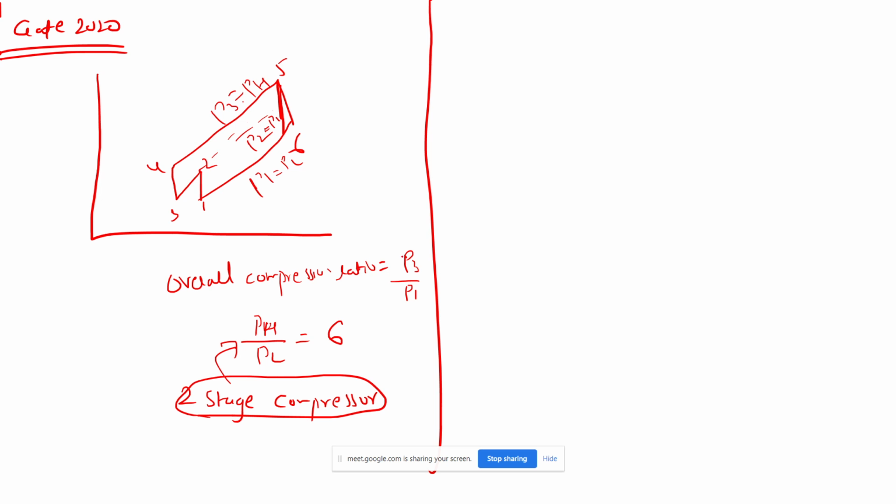The inlet condition they have mentioned: air will enter at point 1, that is P1, which they have given as 100 kilopascal, and the temperature is 300 Kelvin. So they have asked to calculate the intermediate pressure.